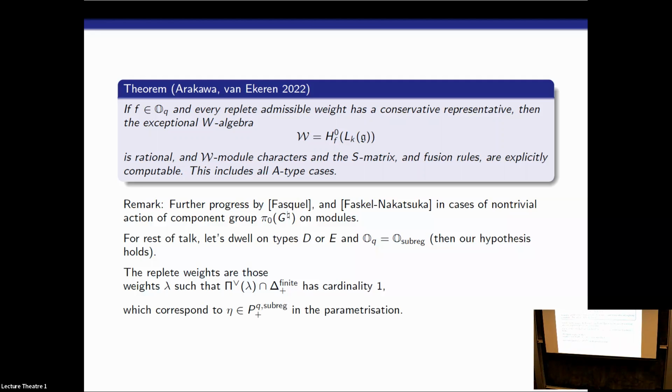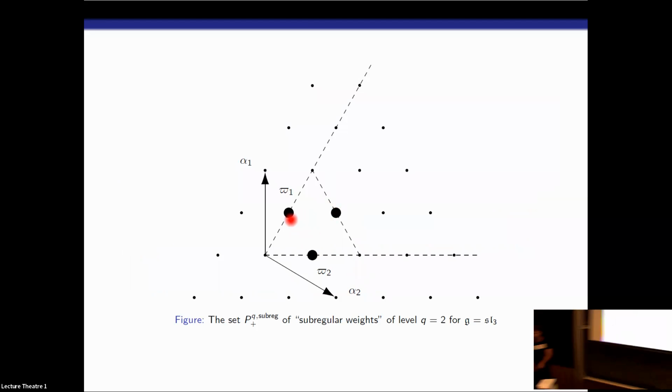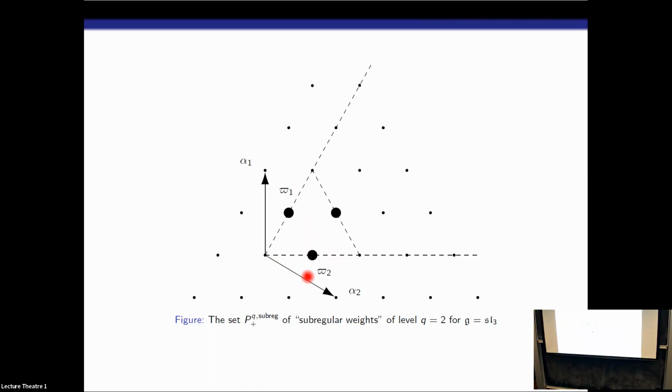So these correspond now not to regular weights as before, but rather to weights which are not in the interior, but somewhere on the boundary, on one of the faces, right? So the minimal amount of degenerate that you can be. So it's inside the face. Yeah, inside the faces.